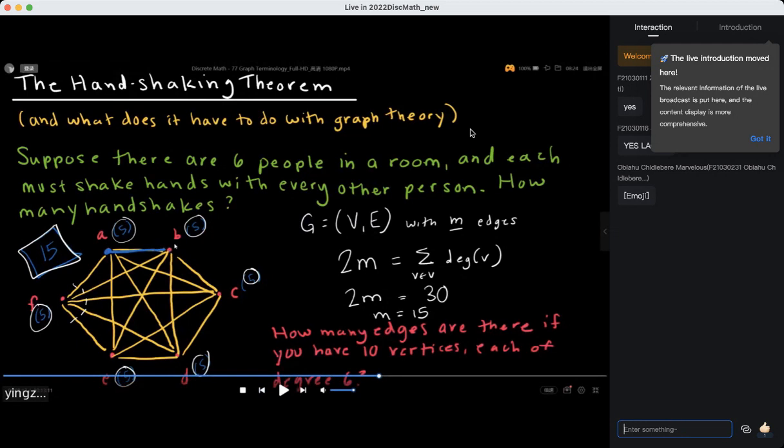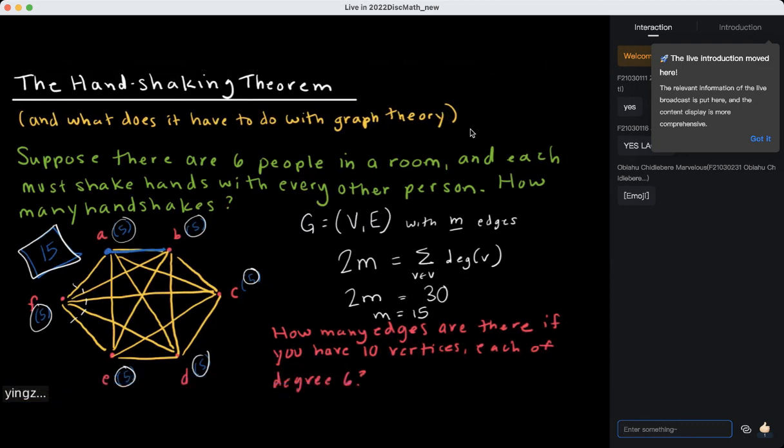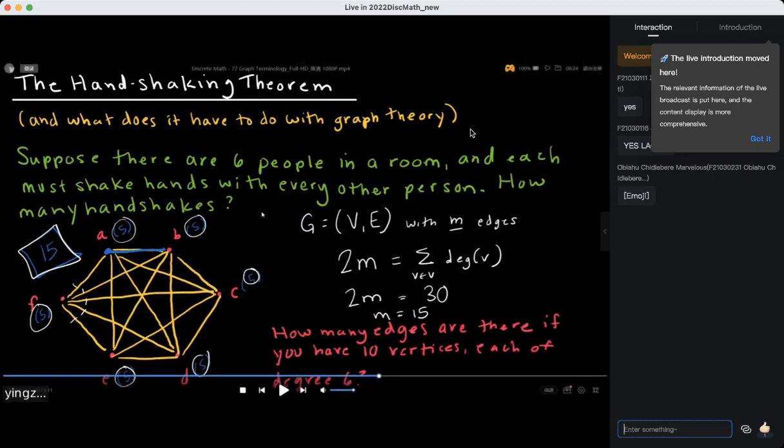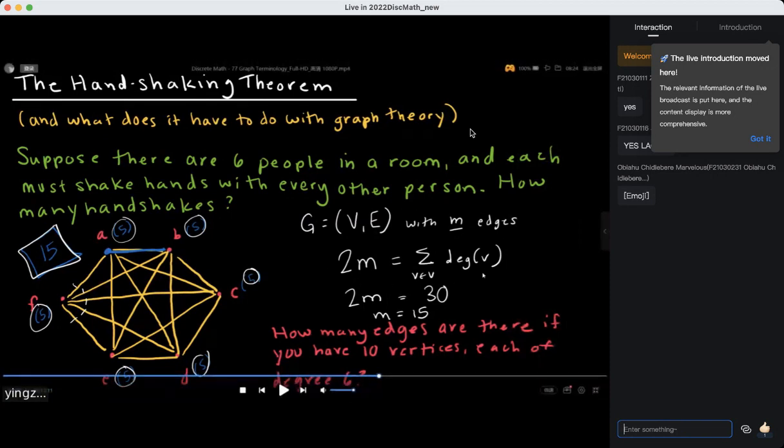So maybe it is easy to understand, but sometimes with more edges or more vertices, you will find it boring or hard to count carefully. But if we translate this into a graph and use the rule we have mentioned, the theorem, it means the sum of the degrees relates to the edges.